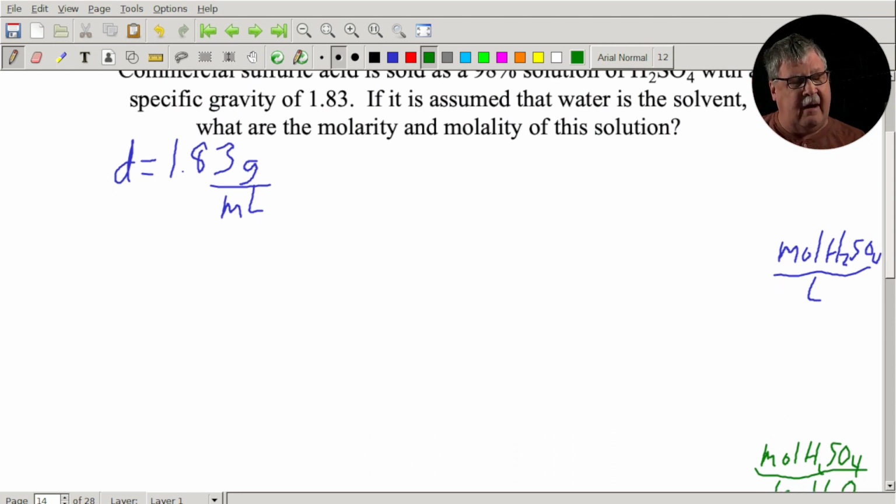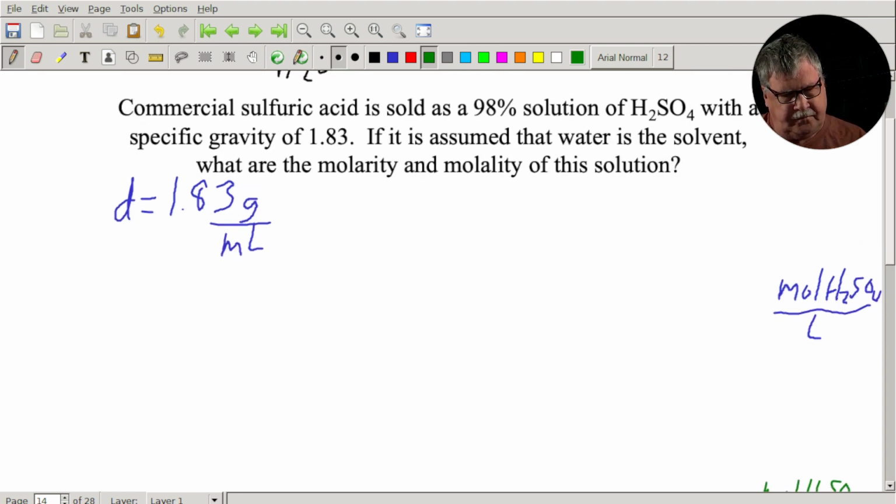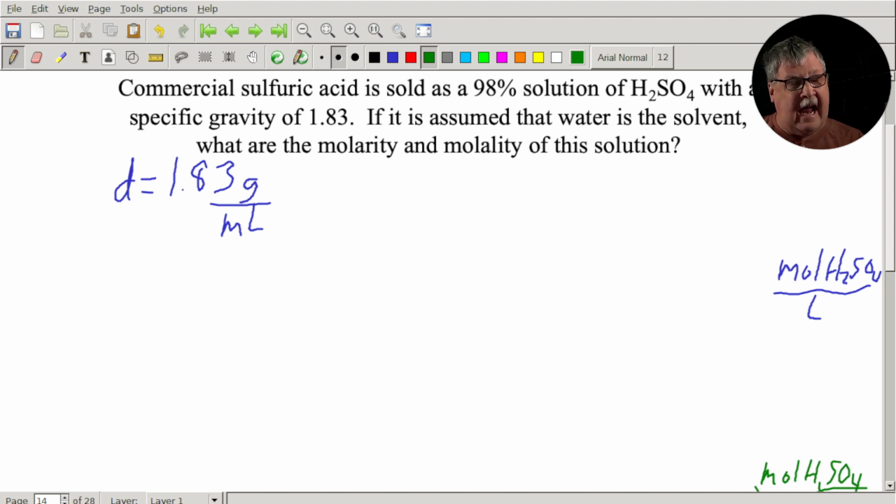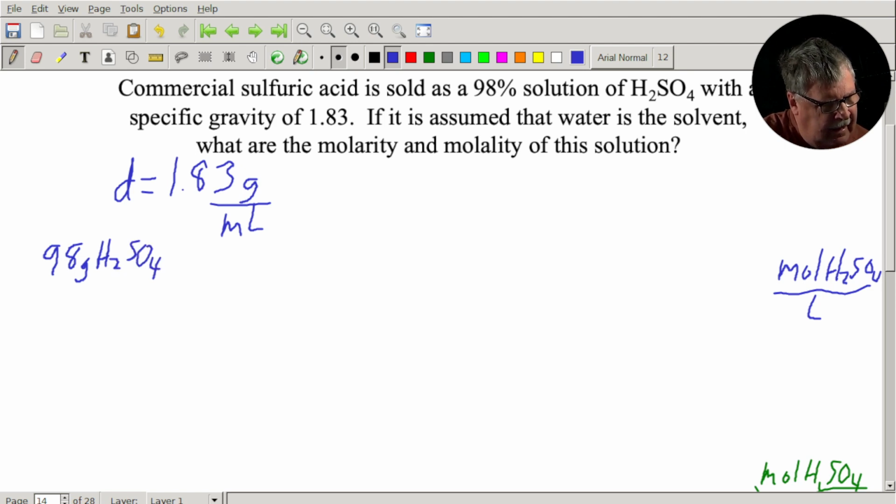How do we calculate the molarity of this solution? All right, here's what we know. If I have a 98% solution of H2SO4 by mass, that means this. I have 98 grams of my solute, which is the H2SO4, in a total of 100 grams of solution.